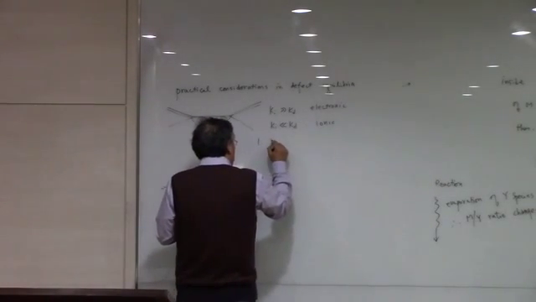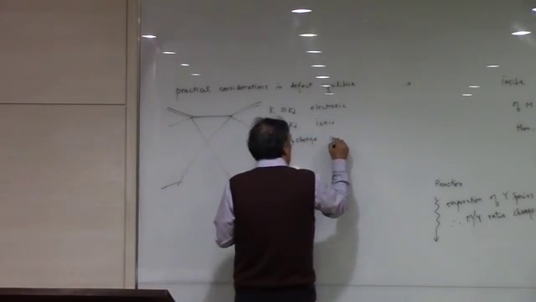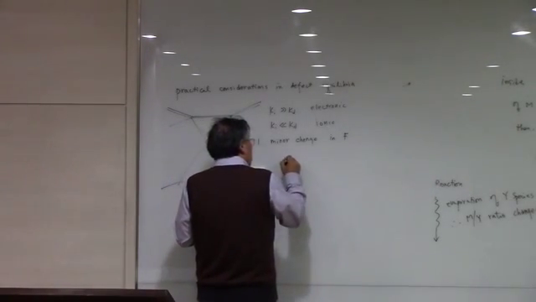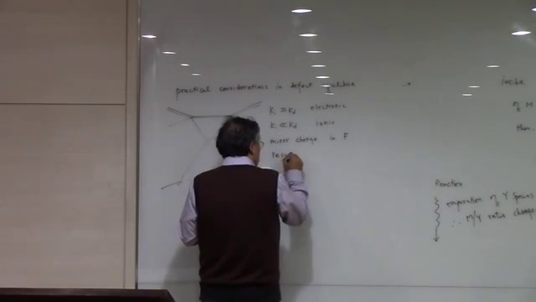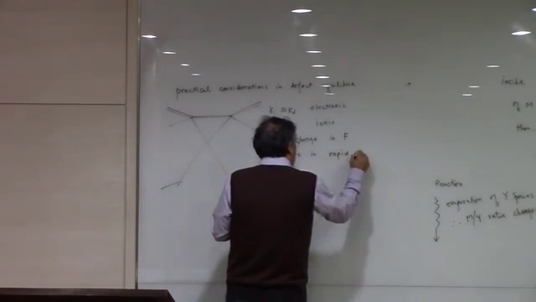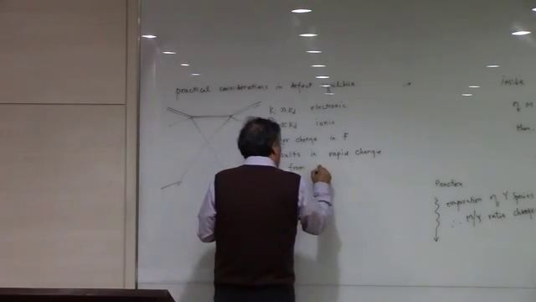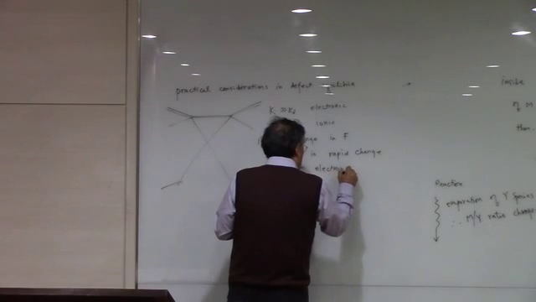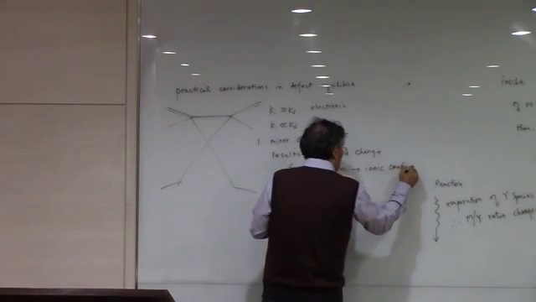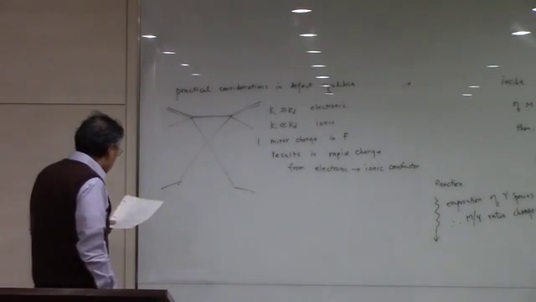So we can notice that the minor change in F composition, the parameter, may result in rapid change from electronic conduction to ionic conduction. That's a very interesting fact, okay?